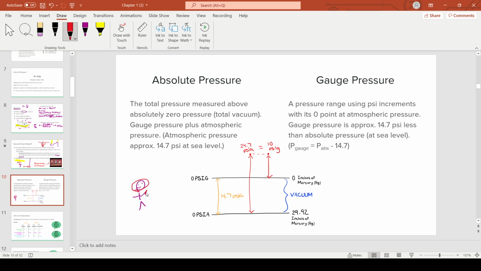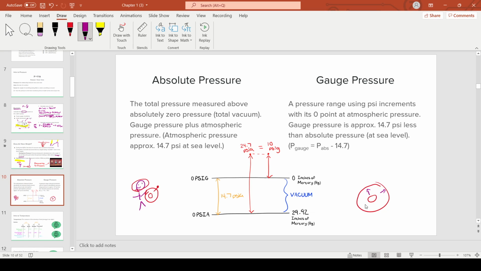You had a tire, right? You had a little tire, and you stuck a pressure gauge in it. That pressure would be from absolute, because if you have that tire, there is air pressing out, yes, right?